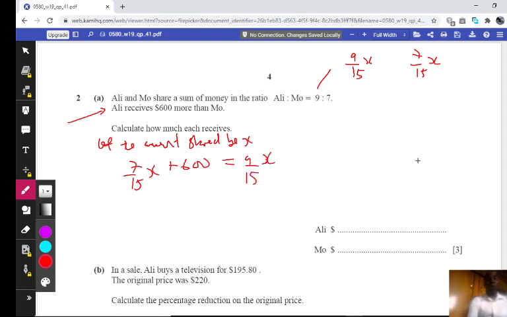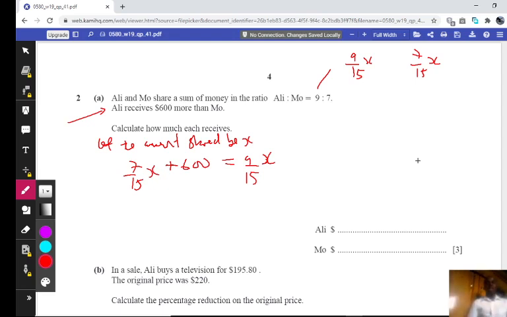So just form a simple equation like this one, then you solve the equation. The first thing that you can do is multiply everything by 15. Please remember, these are equations with fractions. How do you solve equations with fractions?